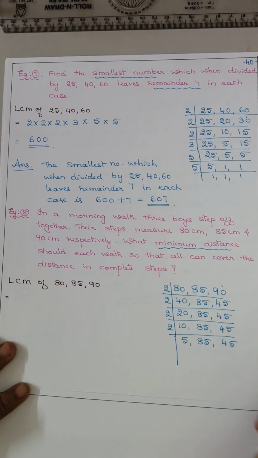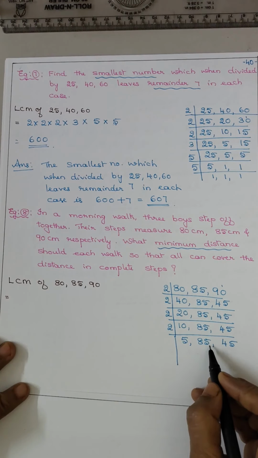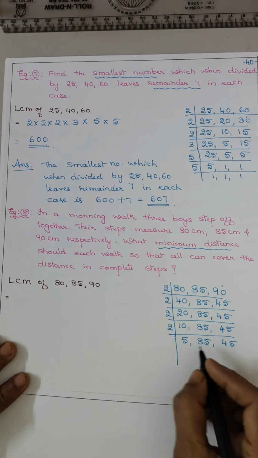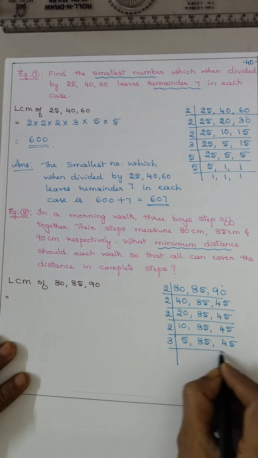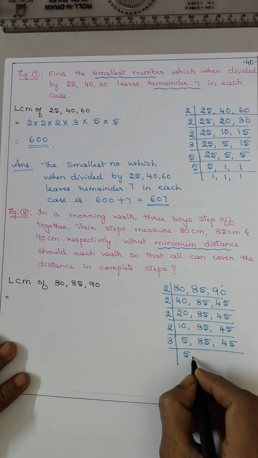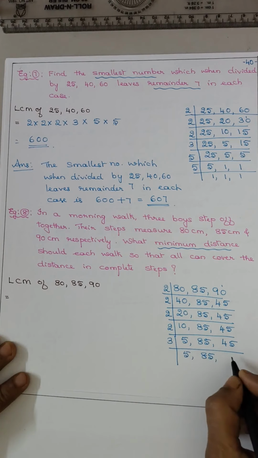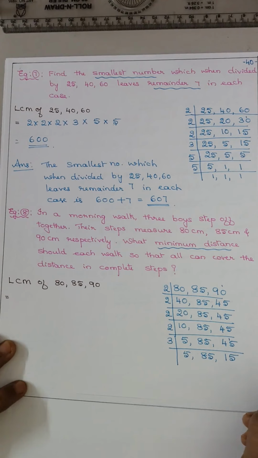Check for 3, 8 plus 5, it is 13, isn't it? Not possible, but 5 plus 4, 9. So divisible by 3. 5 as it is, 85 as it is. Now 3 1s are 3, 1 remains, 5s are 15.